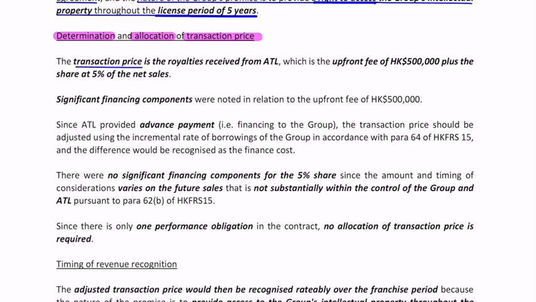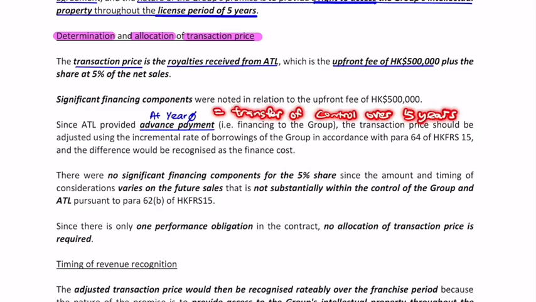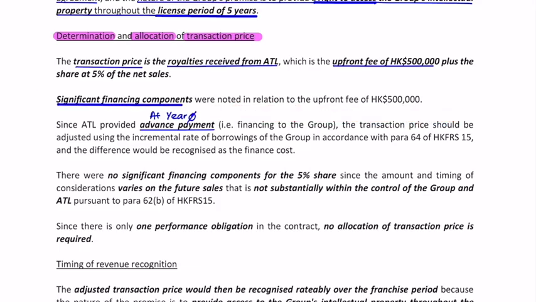The transaction price is in two forms. First is the royalty received from ATL of $500,000. This represents an advance payment at year 0. The control is transferred over a period of 5 years. Hence, the transaction price should be adjusted for the significant financing component over the period of 5 years.